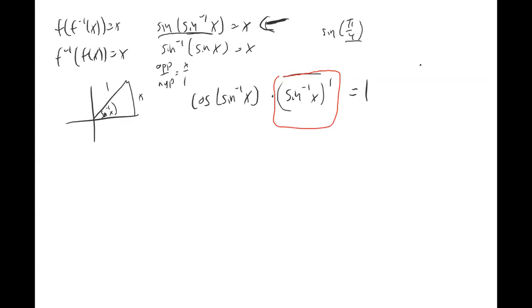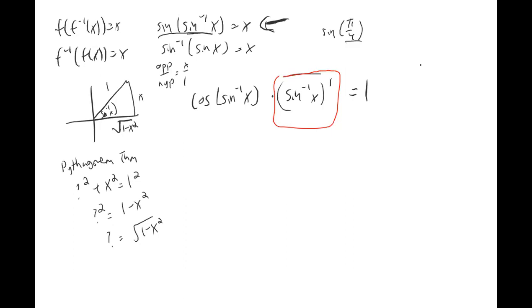What does the Pythagorean theorem say? I get question mark squared plus x squared is 1 squared. Question mark squared is 1 minus x squared. Question mark is square root of 1 minus x squared. Okay, now what's cosine?